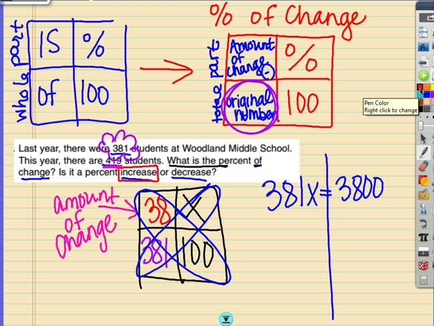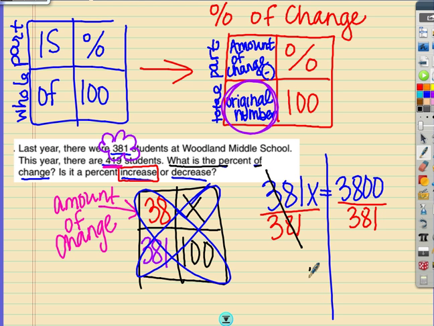This is now just a one-step equation. 381 is my coefficient. To get rid of the times 381, I do the inverse, which is divide by 381. Whatever I do to one side, I do to the other. Divide by 381, and in this case these cancel.